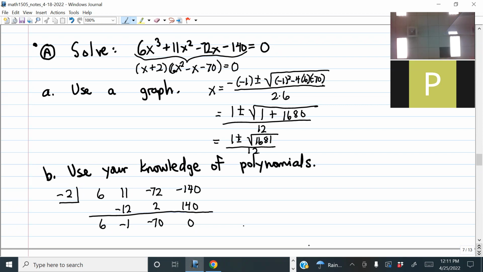So with our calculator, we can get a decimal approximation for these two numbers. Let me try one of those. Let me try 1 plus the square root of 1681, divided by 12. Hope that comes out to be something like 3.